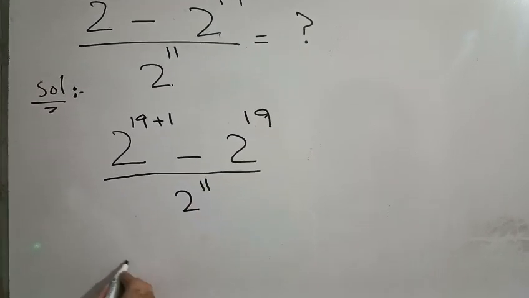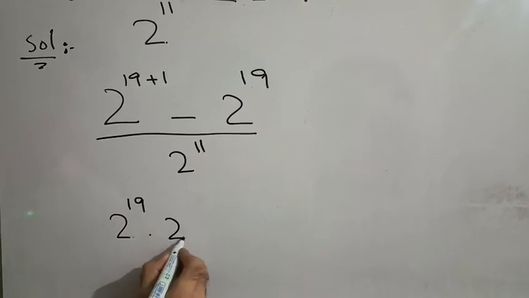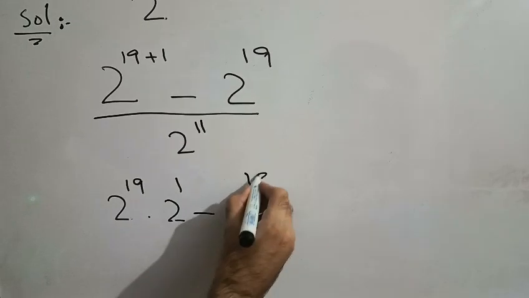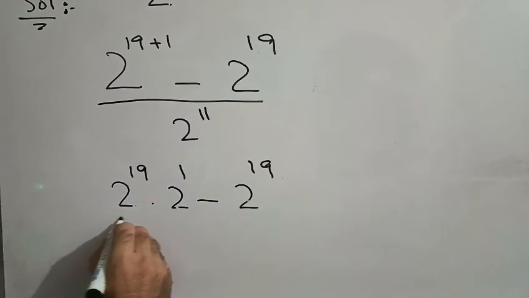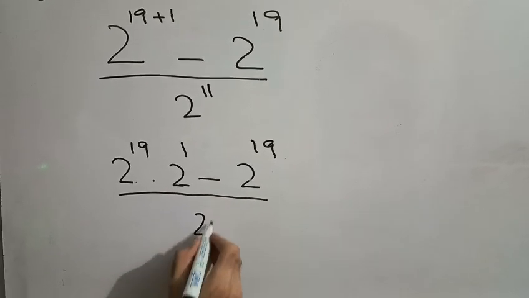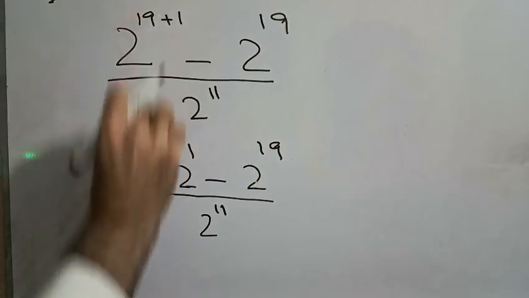So again, 2 power 19 into 2 power 1 minus 2 power 19, divided by 2 power 11. So why do we write this like this?